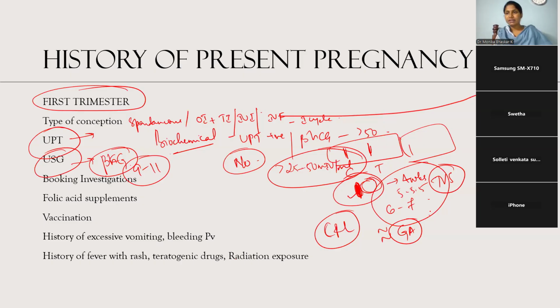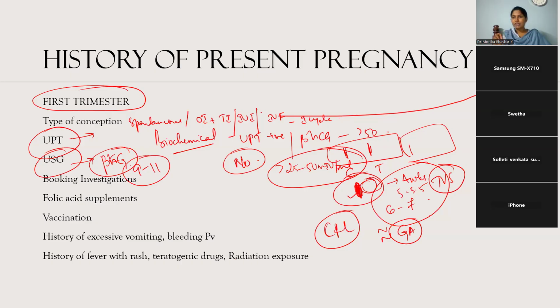So how do you consider this? For example, if the scan is done at less than 7 weeks of gestation. There is a table in Williams. That table you have to remember. I will read out that table in Williams for you to understand. Less than 9 weeks of gestation, you have to take a threshold of more than 5 days discrepancy.